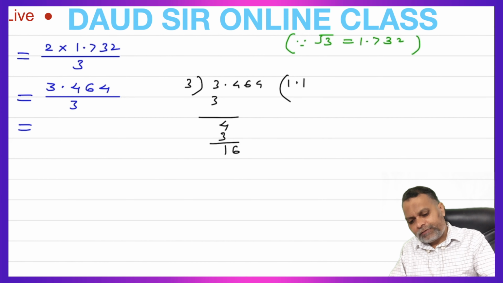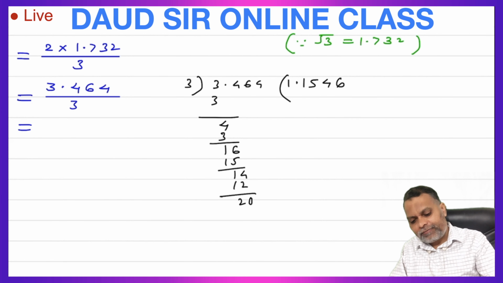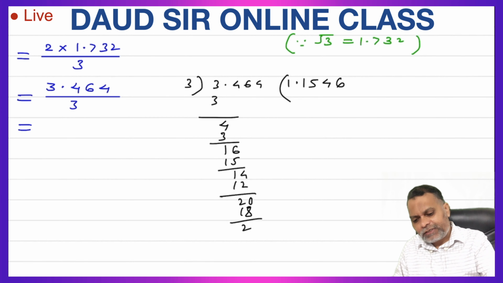Bring down this 6. 3 5s are 15. Bring down this 4. 3 4s are 12. 2. And because of this decimal, we can put 0. 3 6s are 18. And this quantity will repeat. 0.6, 0.6, 6666 will come, but this is up to 4 places.